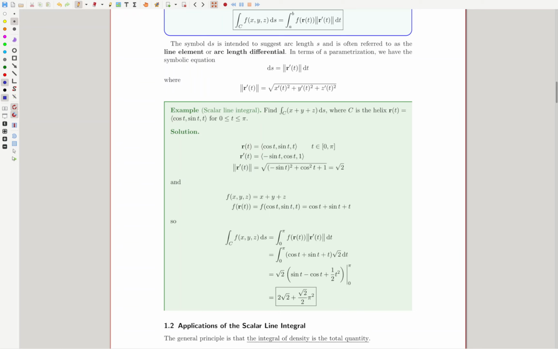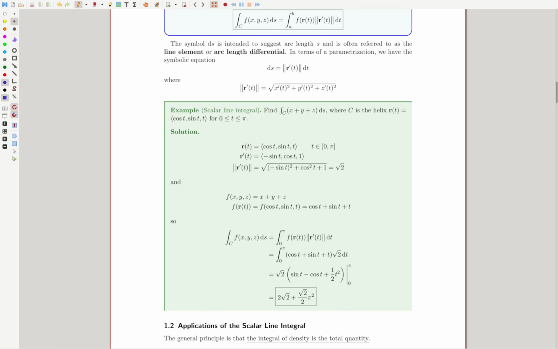The first thing I do is take the derivative of the parameterization, then take the magnitude, which gives me that. We're trying to set up this expression for the scalar line integral. F is this inner function there, and we want to write it in this format using the parameterization so that we can actually compute it.